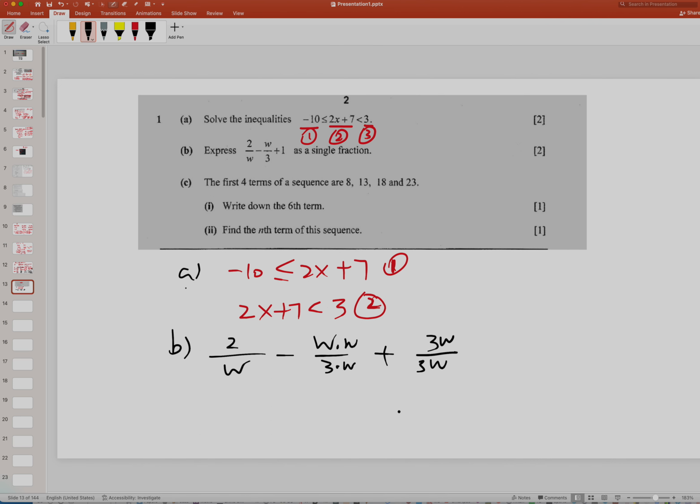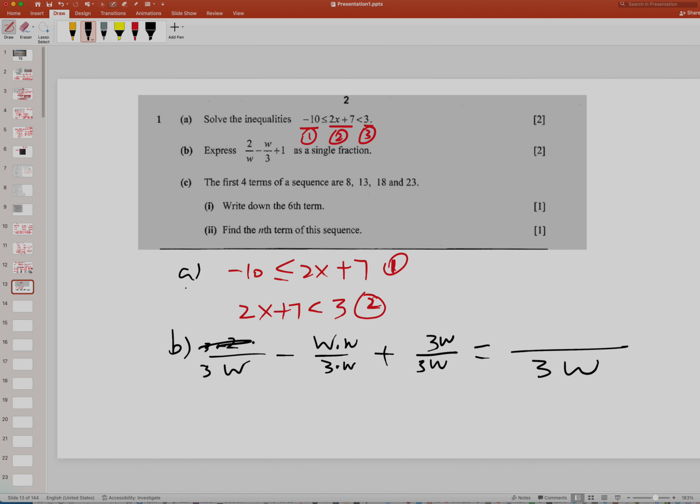Then you can just add them. How? I thought this one you also need a 3. Don't need to add a 3. If you don't need a 3, how can you have the same denominator throughout? Oh yeah. It's only when you have the same denominator throughout, then you can combine it, like same denominator 3W.